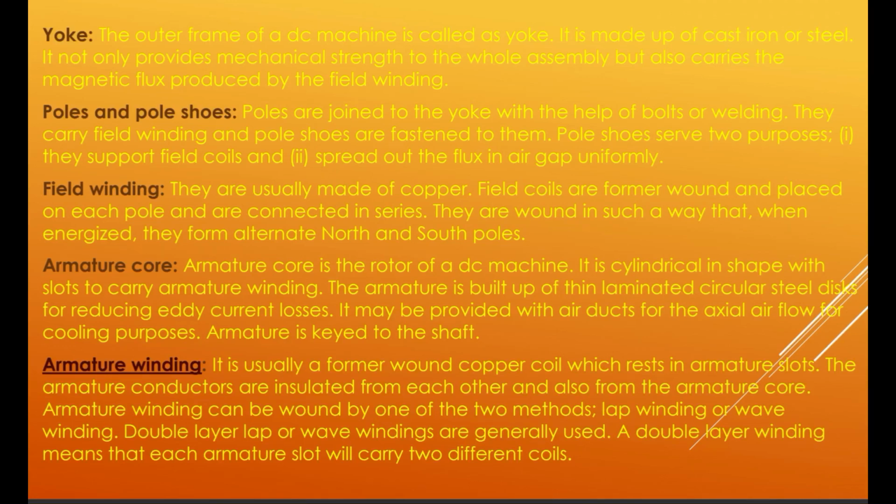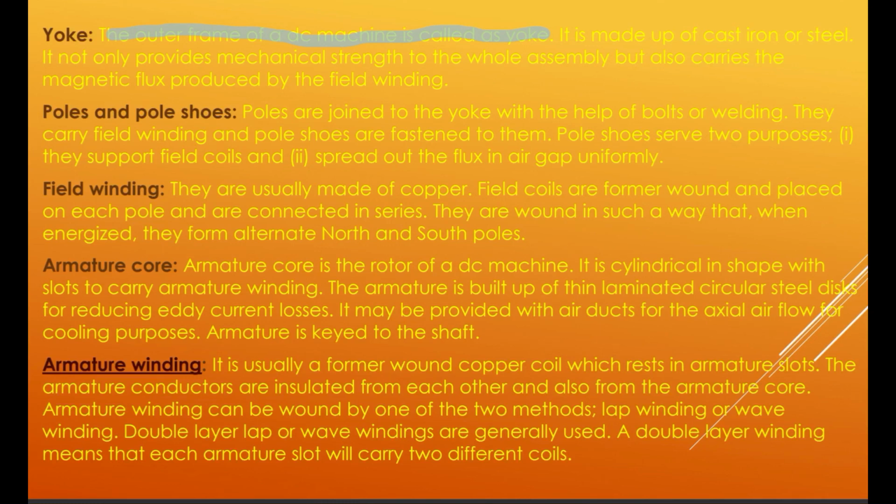So the yoke: the outer frame of a DC machine is called the yoke. It is made of cast iron or steel, to provide mechanical strength to the whole assembly.